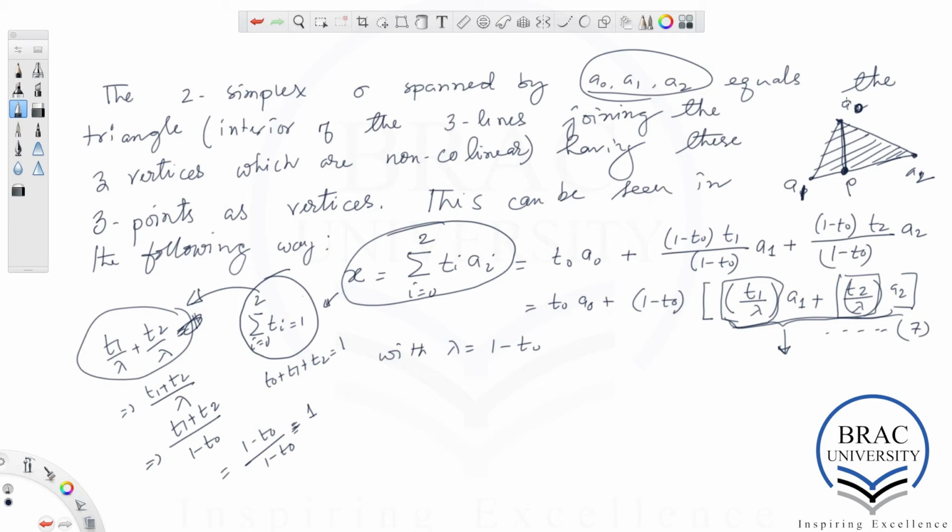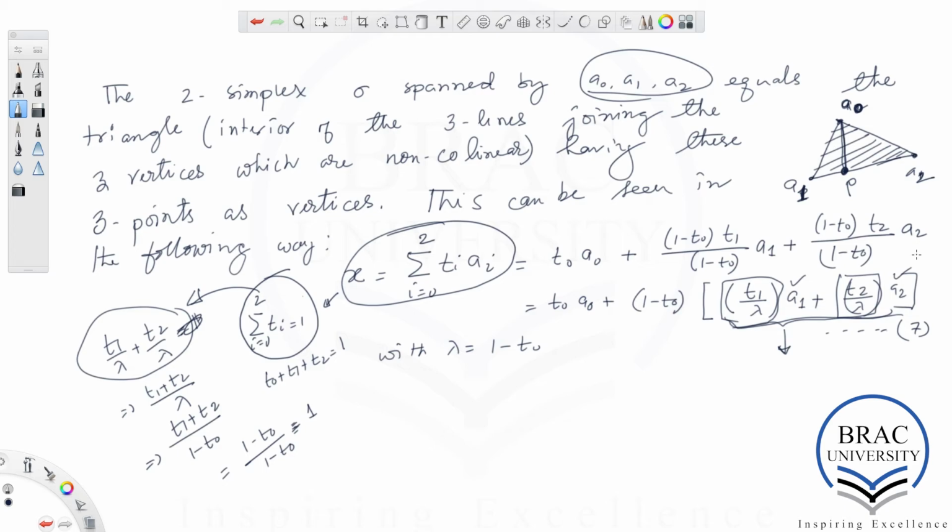A0 has to be here, and this has to be A1, this has to be A2. So P is the point lying in this line segment joining these 2 points A1 and A2.